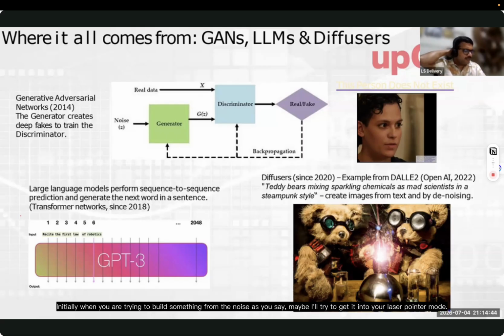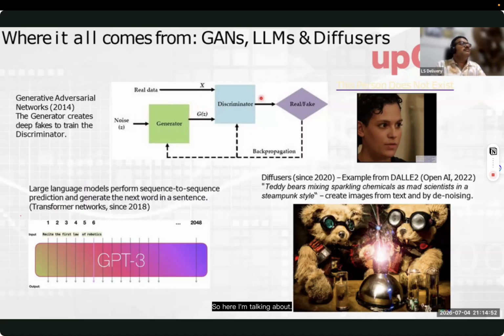Initially, when you are trying to build something from the noise, the role of the generator is to generate a fake note as close as the real note, so the discriminator, the police, is not able to identify it. Initially, it is very easy, since it is coming from noise, to tell the original note from the fake note.